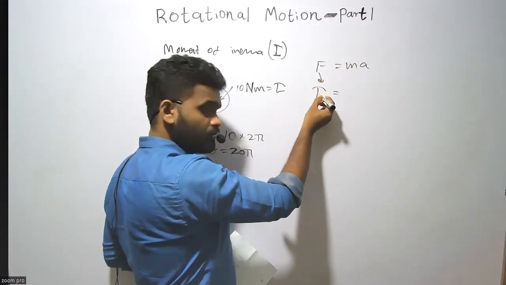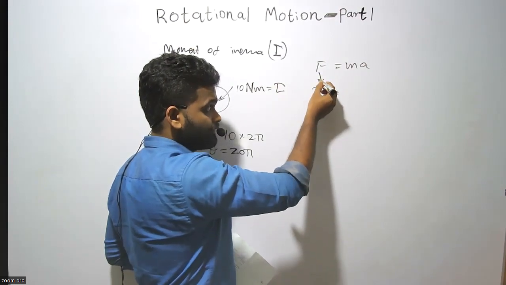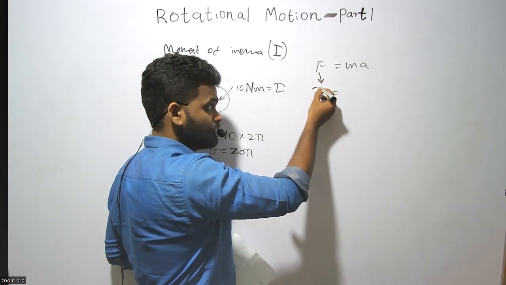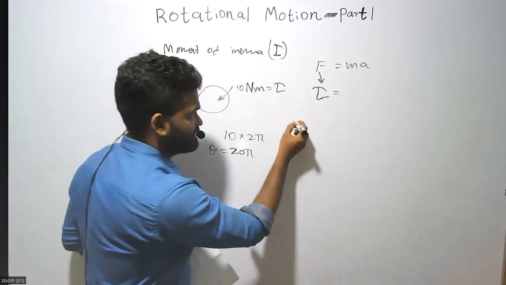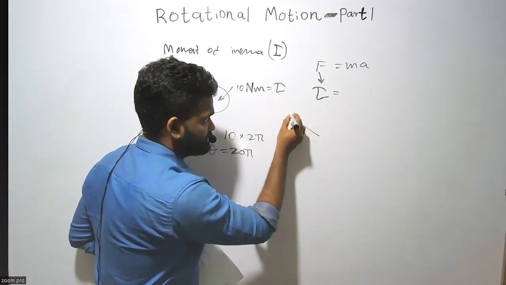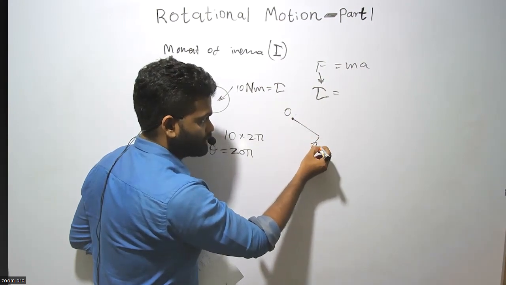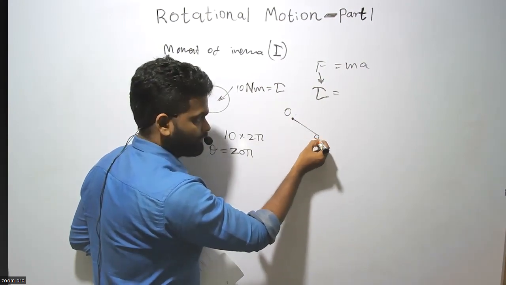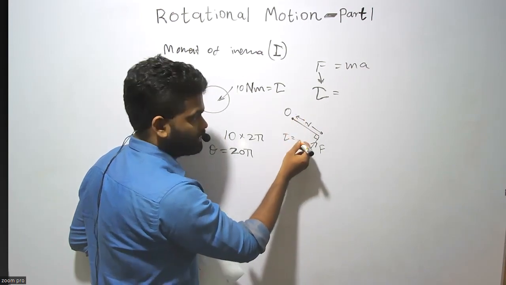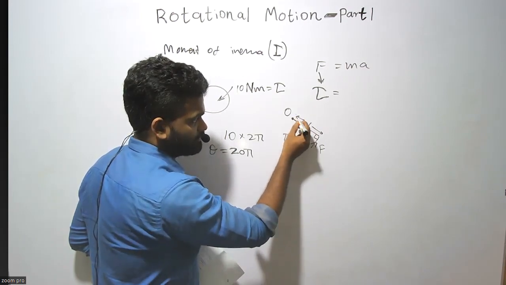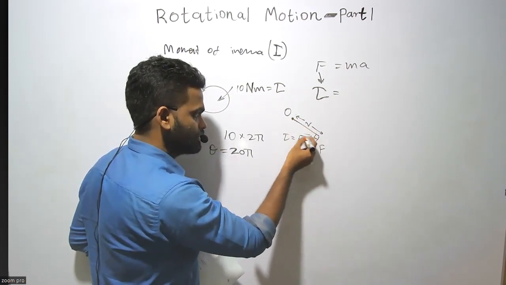In linear motion it is F, but in angular motion it is called torque. Let's say this is the rotational axis, and you put a force here. How do you find the torque? Force times perpendicular distance. That is the torque.